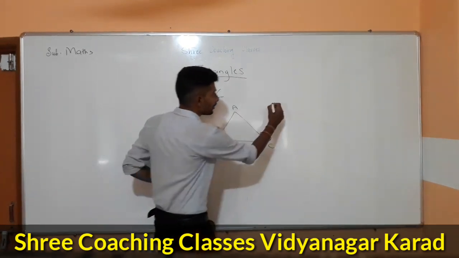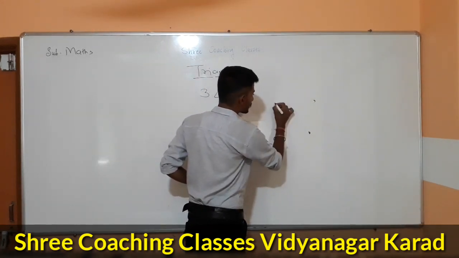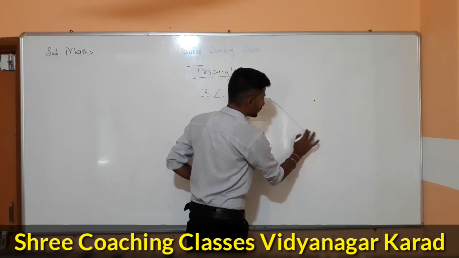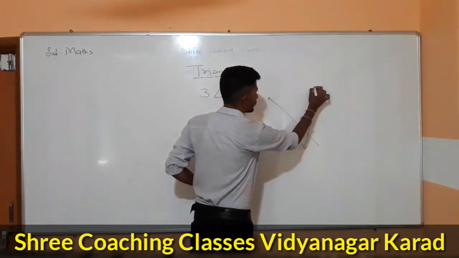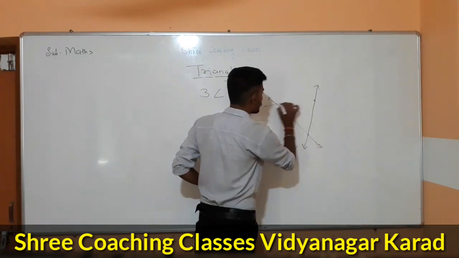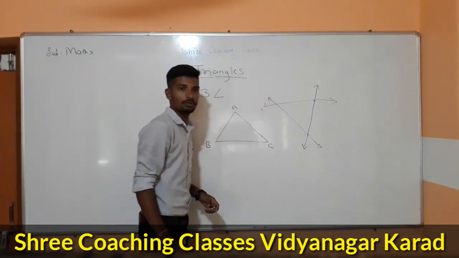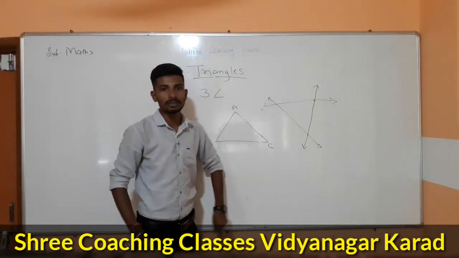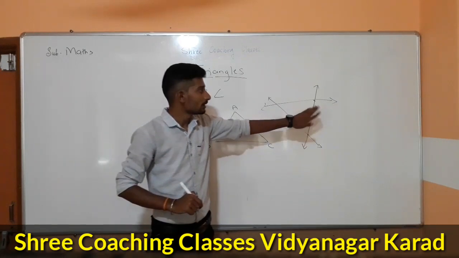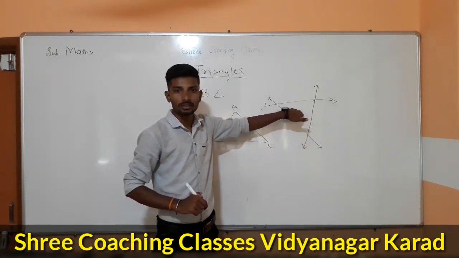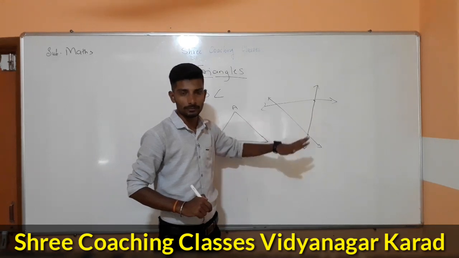If we join these three non-collinear points, we get the figure called a triangle. Yes, we have seen that a triangle is also called a plane figure.